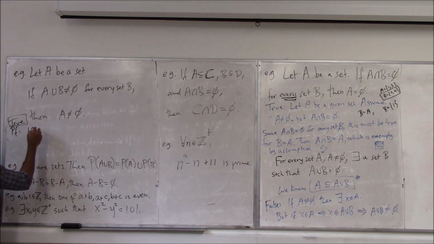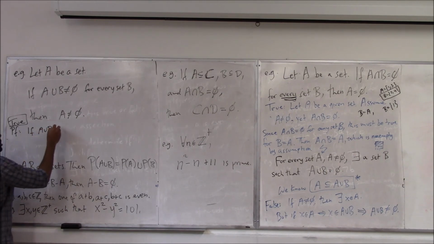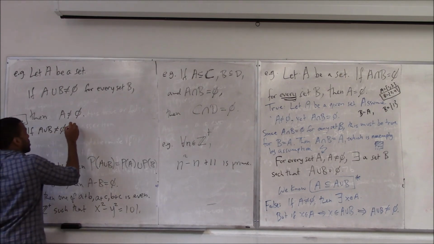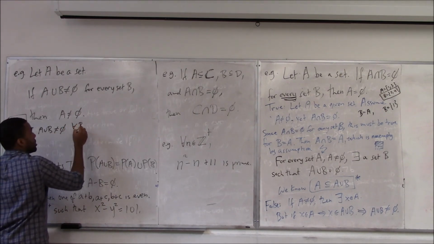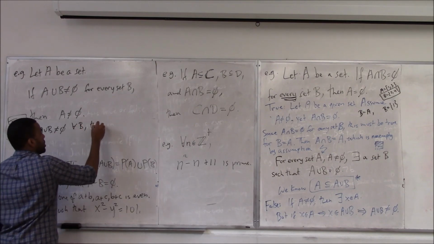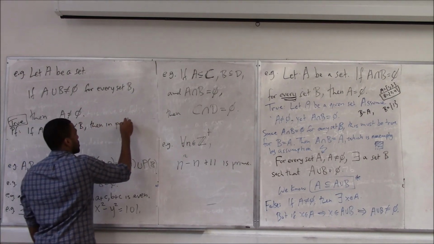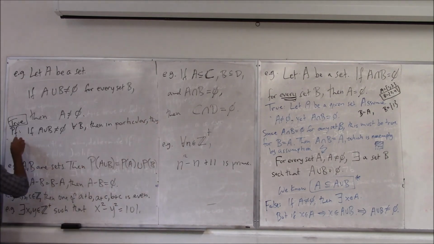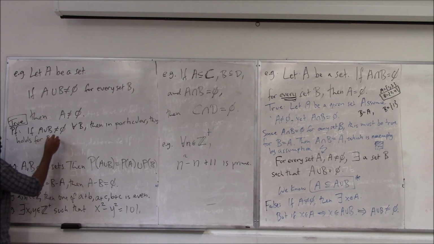So you're saying if A union B is not the empty set for all B, then in particular, this holds for B equals the empty set. Yes.